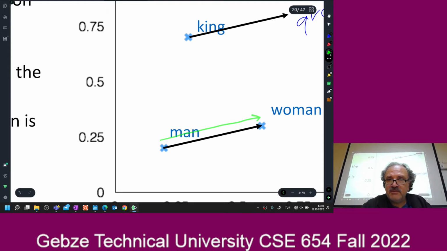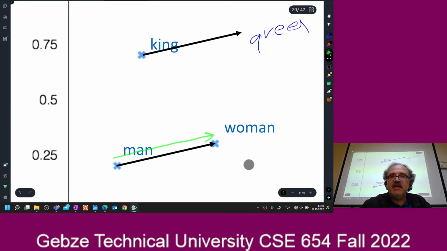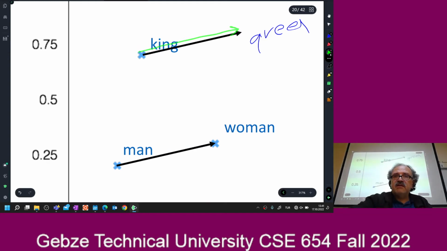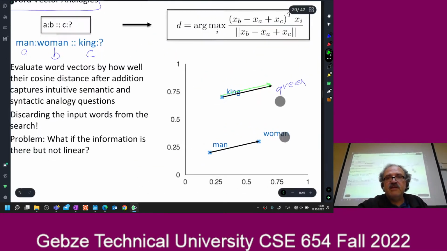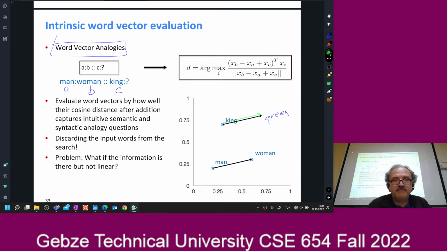Okay, if I take this vector and move it on top of king, this should give me around this point, there should be queen. This is called analogy. If I am successful with this kind of word vector algebra, then my word vectors are nice.